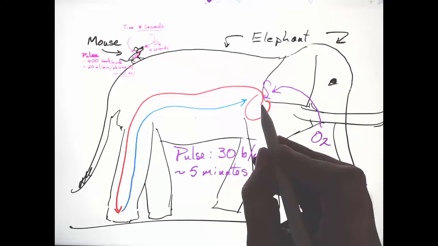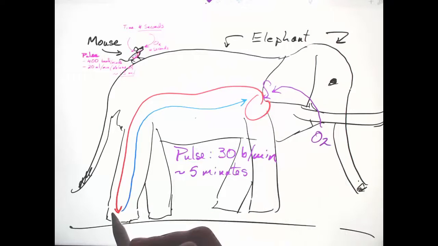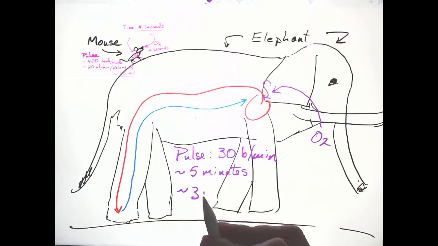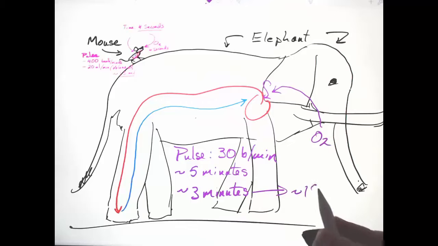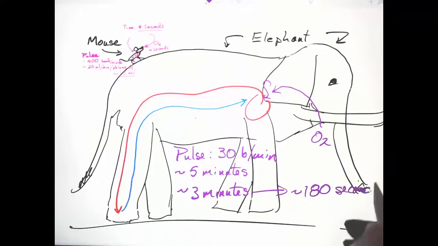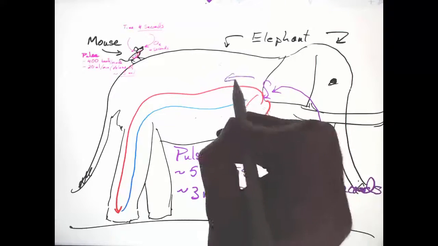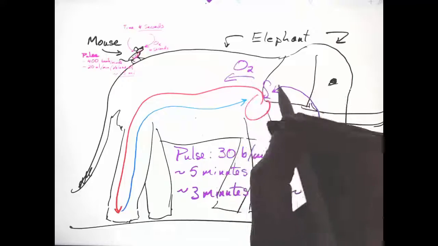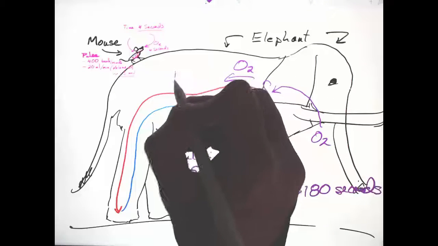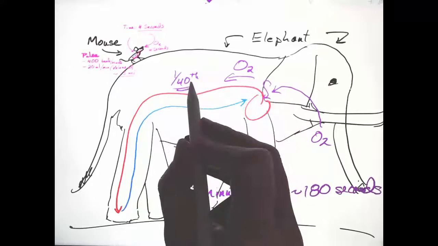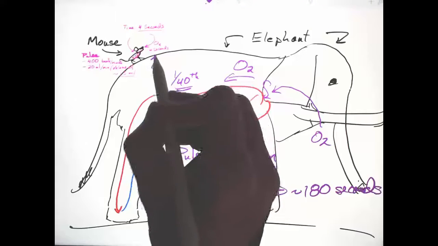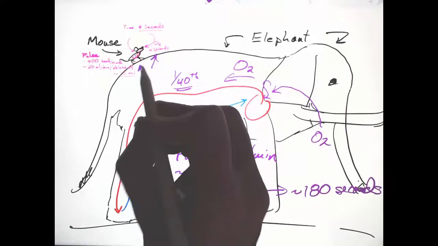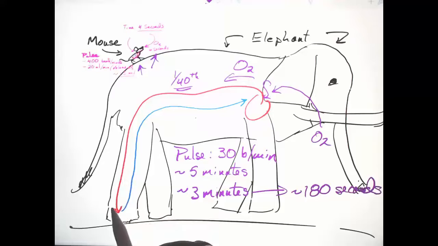Moving blood from the heart out to the various tissues takes on average probably something like 3 minutes, about 180 seconds. The elephant is moving oxygen and glucose and other nutrients at about 1/40th, 2 to 3% the rate of a mouse. That much slower movement of oxygen is most likely the limiting factor for metabolic rate in a large animal.